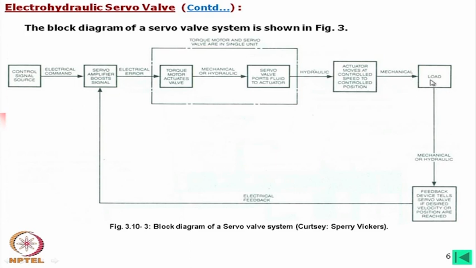So, mechanical and then load, and from load to mechanical or hydraulic again, and from there a position feedback or velocity feedback is given back to the servo amplifier, which makes the necessary plus minus corrections, so the electrical input is varied, and then again it is given to the torque motor, and thus we get the desired output.